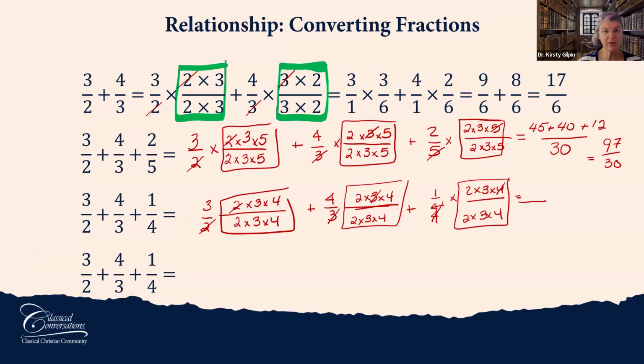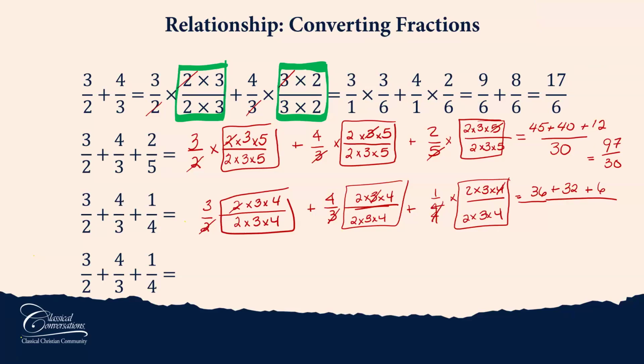And what am I going to end up with? I'm going to end up with 2 times 3 times 4, which is 36. And 4 times 2 times 4, which is 32. And 2 times 3, which is 6. And what's my new unit? 24.